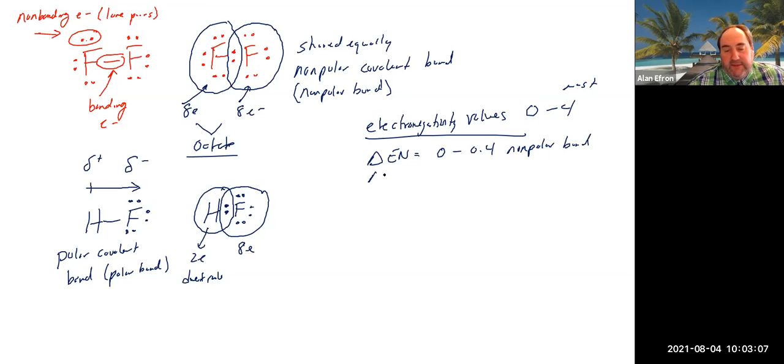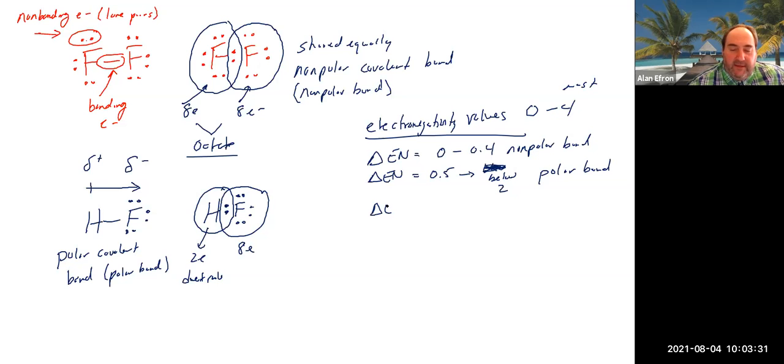You have a difference in electronegativity that goes from kind of above 0.4, so like 0.5-ish probably and above, to below 2, you have a polar bond.